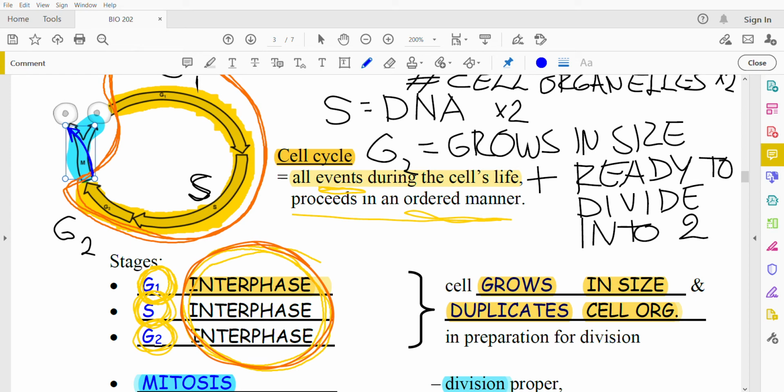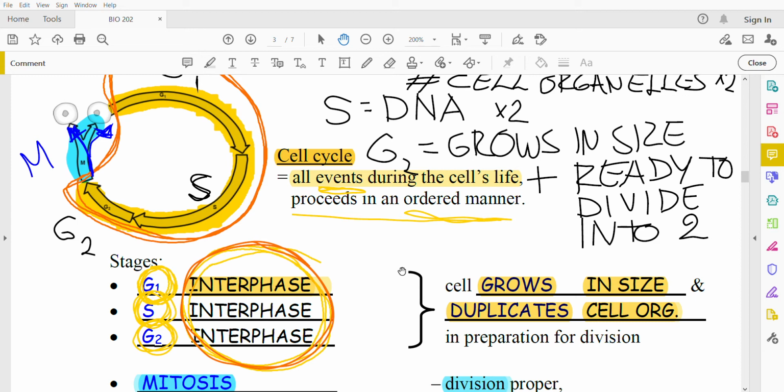So at the end of a cell cycle, we have 2 cells that result from it, and this is all thanks to mitosis. Mitosis is not a major part of the cell's existence, but it's the part that results in 2 final cells.